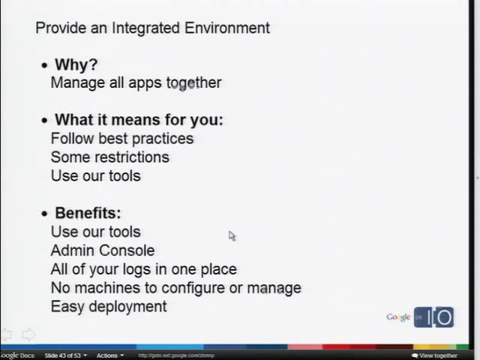What it means for you is that you may have to follow some of our best practices. Because you're working in an integrated environment, things may be different than what you may expect on one box running a LAMP stack. You may encounter some restrictions because of the specialization and isolation that I talked about earlier.